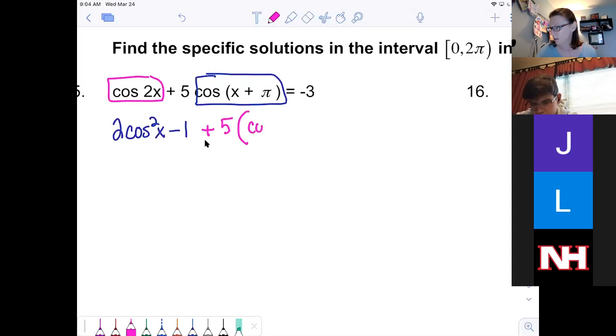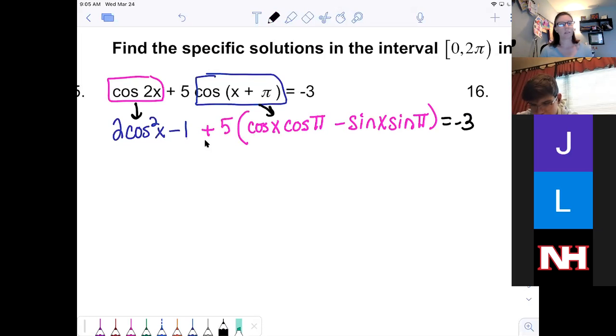It's cosine of x times cosine of pi minus sine of x times sine of pi. Nice. And then that's equal to -3. So the first formula is the double angle, the second is the sum of two angles for cosine.